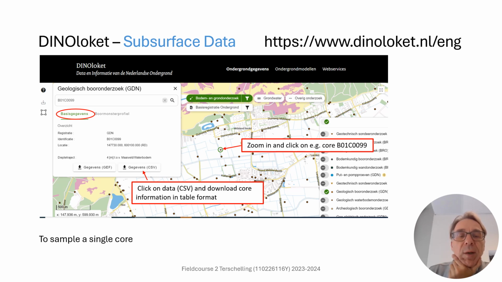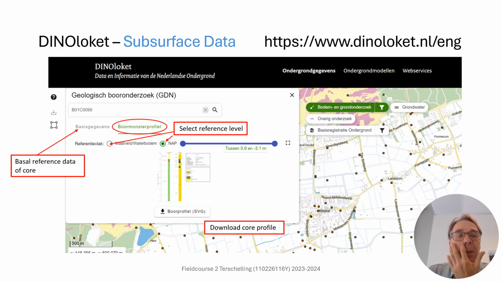You can also click on the data CSV and download core information in table format. So this is how the profile looks like, the basal reference of the data, and you can actually see what the core looks like. It's a nice representation, but you can also download the core profile to draw your own core.